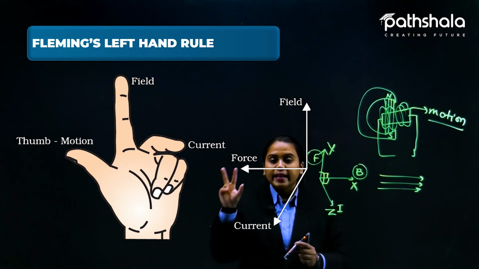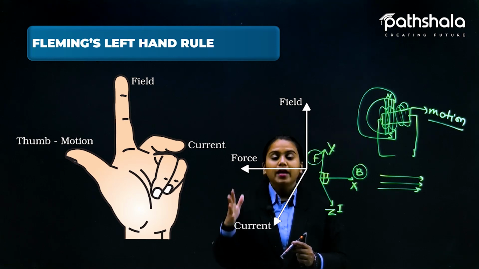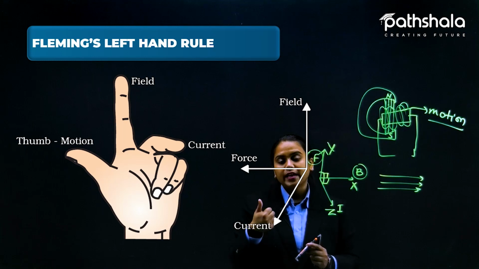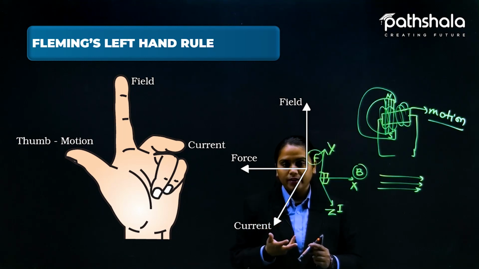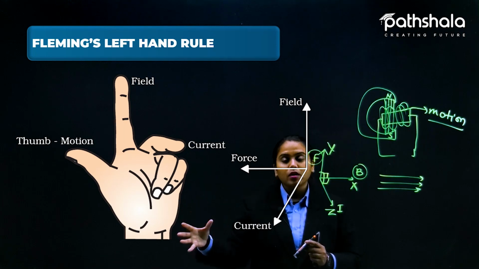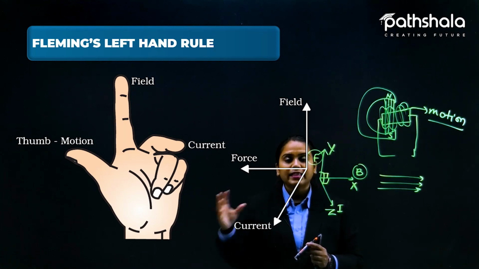We can arrange these fingers accordingly, and the thumb automatically represents the direction of the force. Next, we are going to see how a motor works according to Fleming's left hand rule.